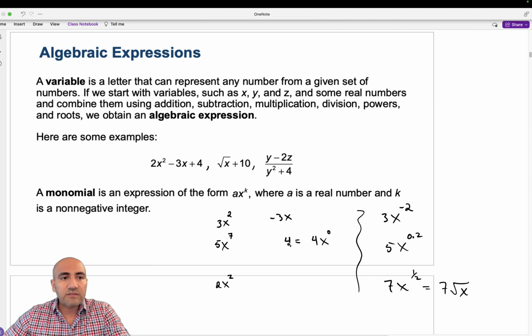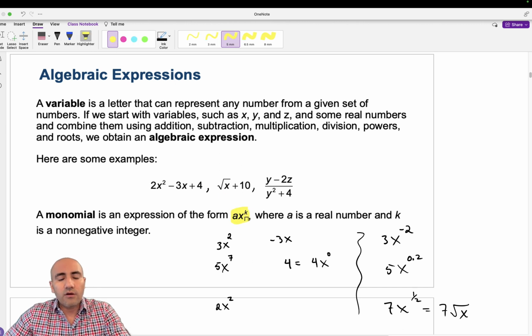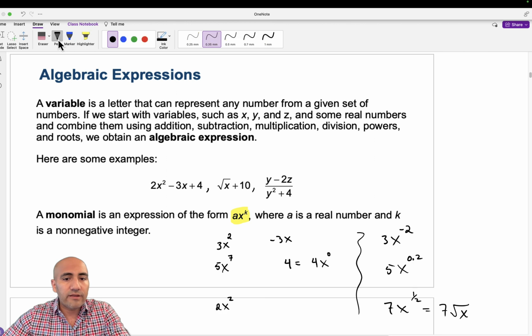So a very specific group of things fit this form. It has to be a multiplication between a number, the a, which is any number, positive, negative, decimals. Decimals are allowed for that part of it.